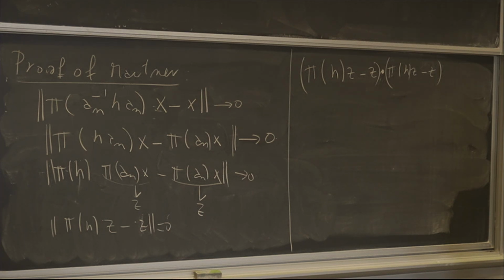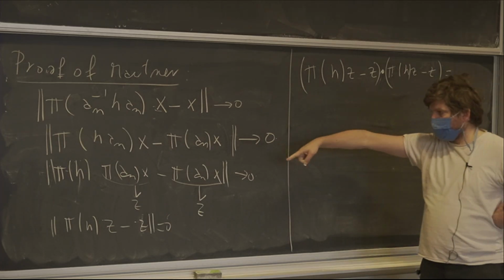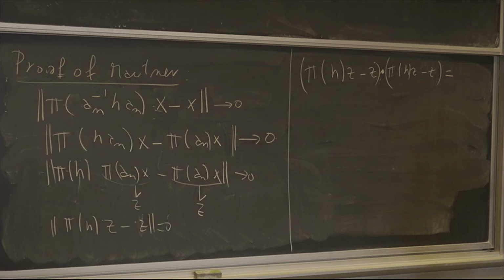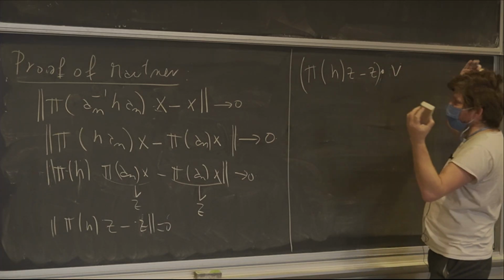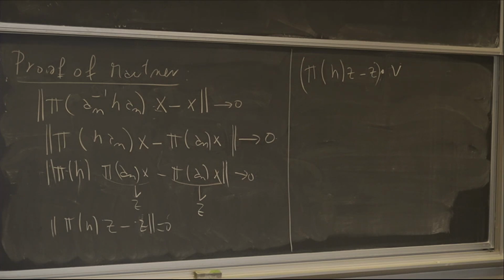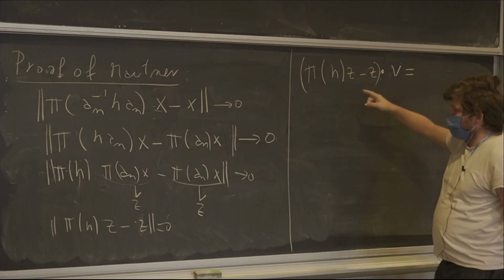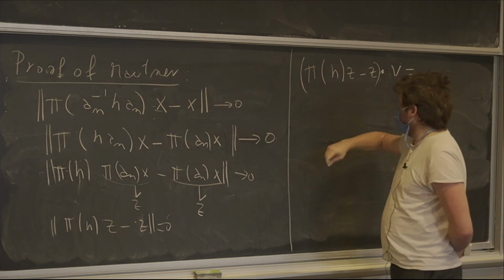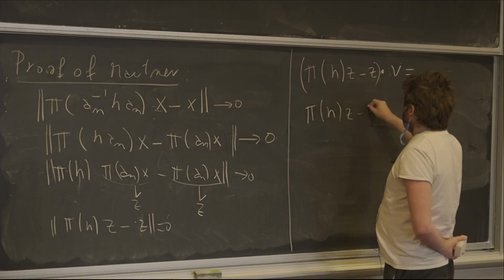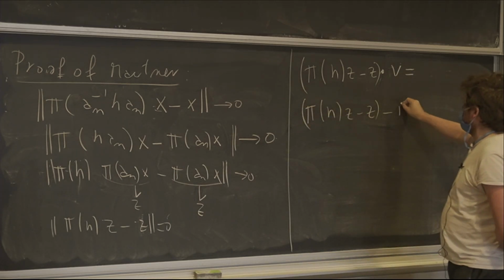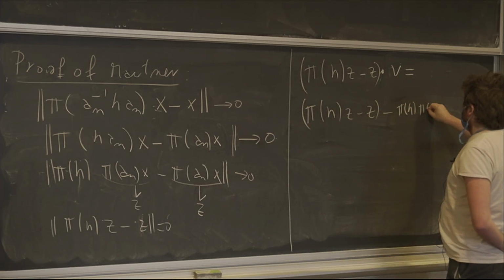Maybe simpler: instead of putting in the second coordinate, let me put any vector v, and I will show this is 0 for any vector v. Probably it's much simpler, the notation is simpler. Now I will compare with pi(a_n)(x), so I just add and subtract this term.